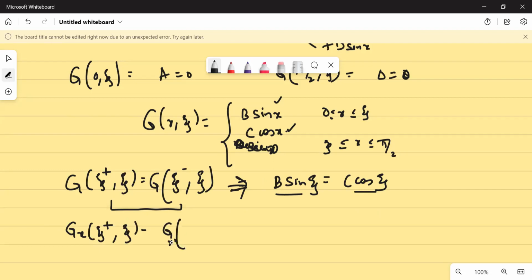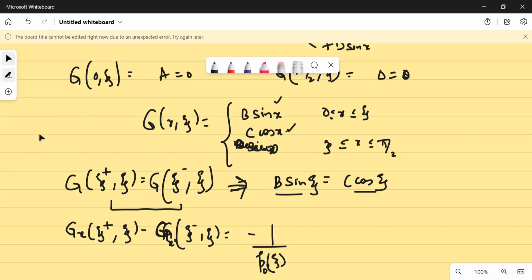So the first order derivative of this Green's function suffers a jump discontinuity at zeta, and that jump discontinuity is given by minus 1 upon p naught zeta, where p naught is the coefficient of the highest order derivative.